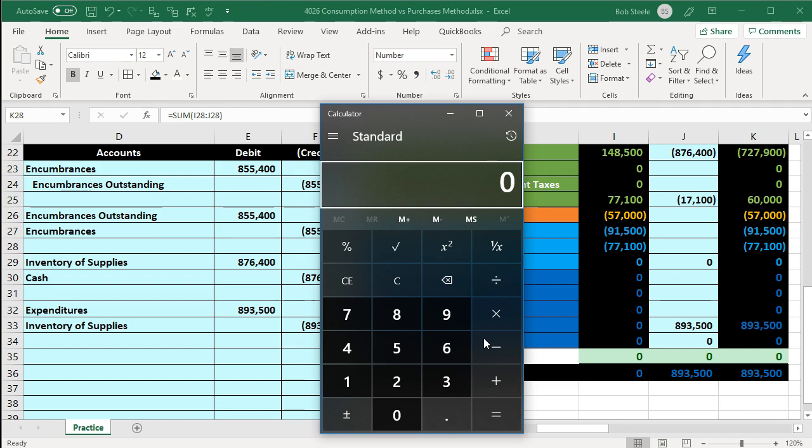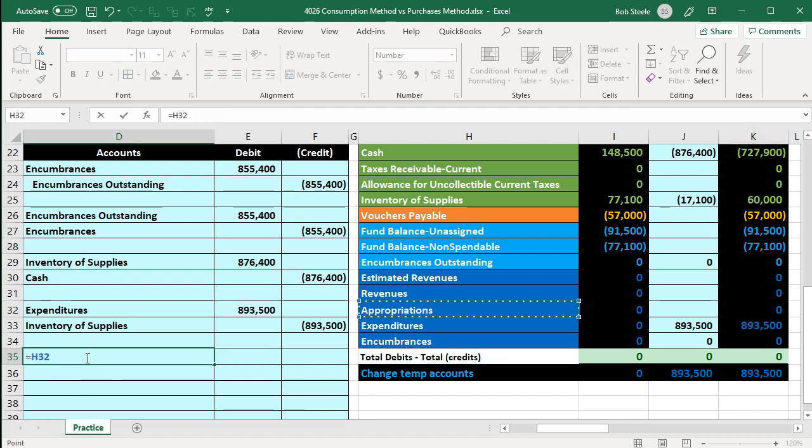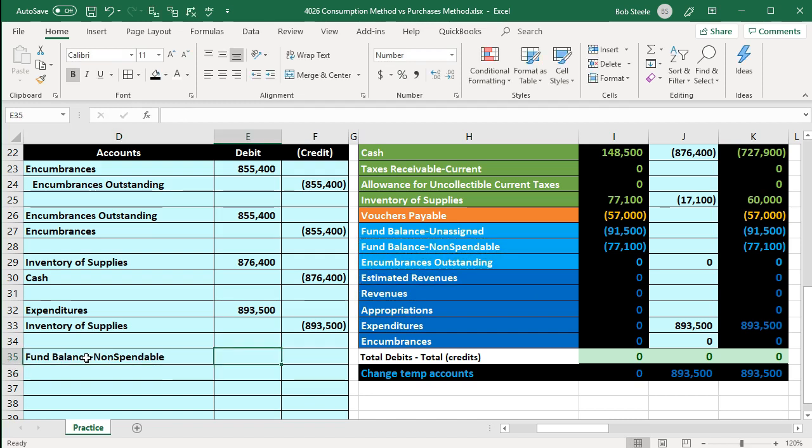So we're just going to say, all right, there's a 77,100 minus 60,000. That means we need a 17,100 adjustment. So in other words, if this is a credit balance, we need to debit it by the 17,100 to make it match the inventory supplies. So we're going to say there's the fund balance. We're going to call it 17,100, the amount.